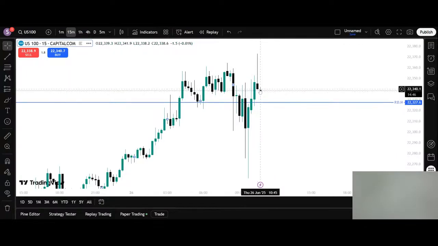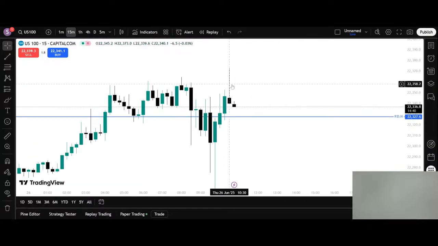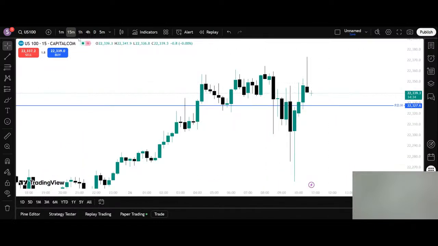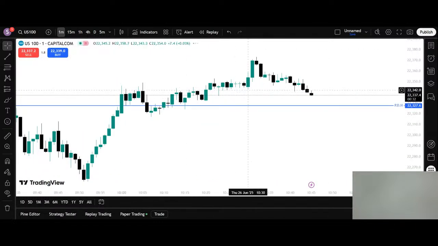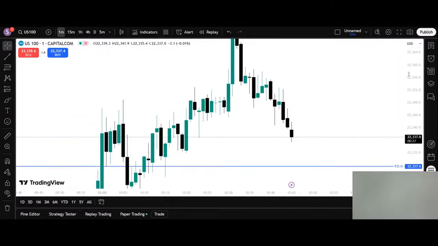Did close red, but it's not very bearish, but not bullish either. It is kind of bearish, but not that. It's definitely not bullish. I'm gonna wait on the 1 minute and see if I can get a good entry.